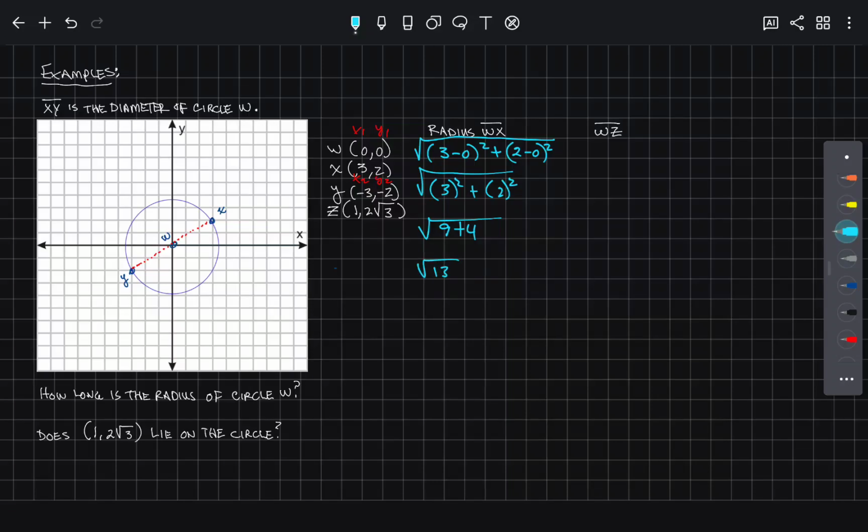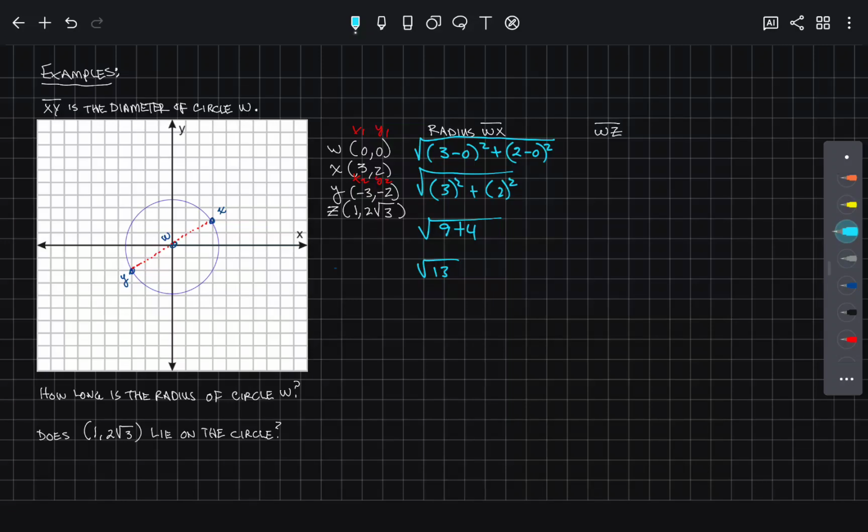Okay, so cool. We found the change in y and the change in x. What we did is we created a right triangle using the radius or the line segment XW or WX. So we counted how far over we had to go, how far up we had to go, since it is slanted upwards. So the change in the rise and the run, we're talking about 3 and 2.